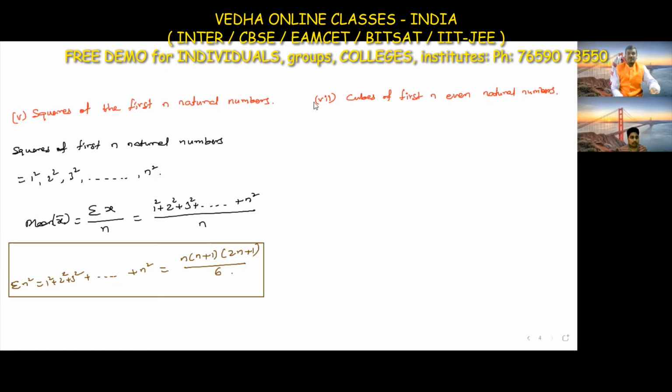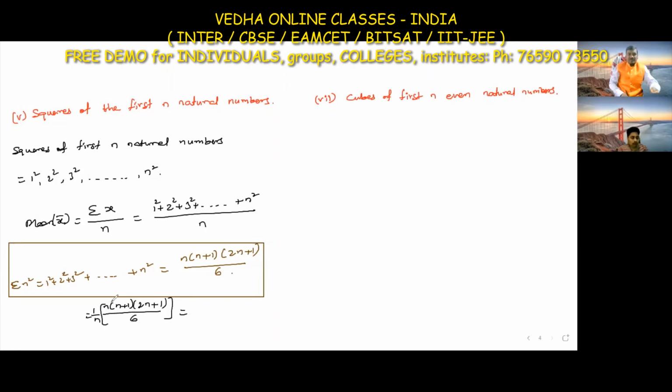If we use this formula, then what we get here is n into n plus 1 into 2n plus 1 divided by 6, and the whole divided by n. We can write that as into 1 by n.